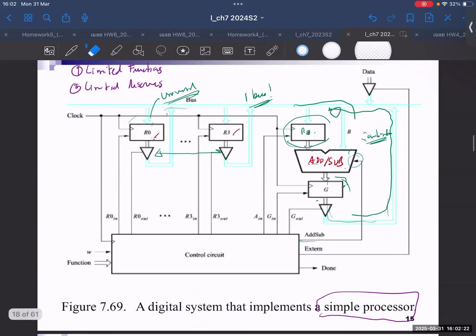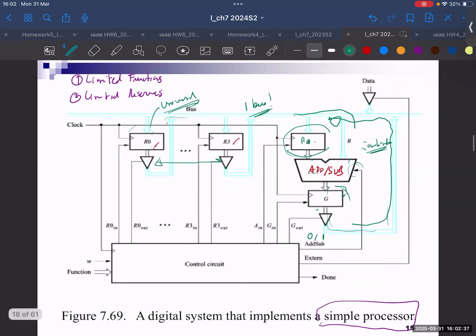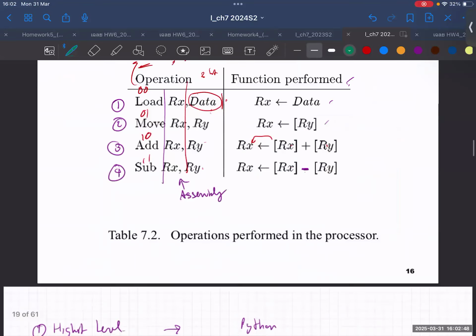You see, now we bring in the add sub. The add sub means that if you want to add, it's 0. If you want to sub, this one will be 1. If it's sub, then this one will be 1, which means you are adding the two's complement in the first bit here, right?